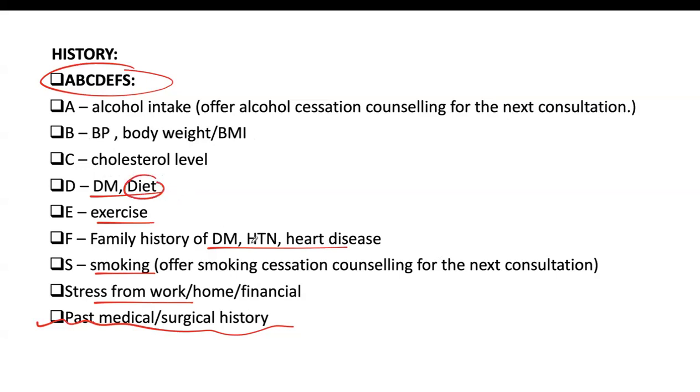Any family history of heart condition apart from your brother? Who do you live with at home? Are you a happy family? Is there any stress at your home? Do you do any work? Is there any stress at your work? Any financial issues? Any other past medical or surgical history? So it is just about asking these questions one by one.